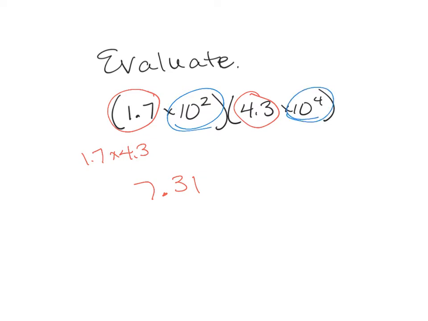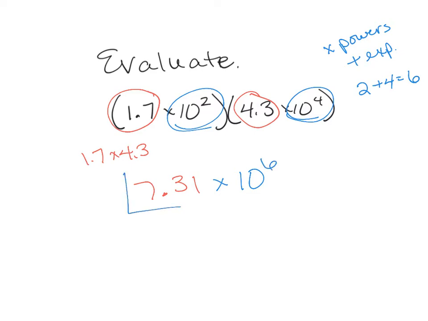Remember our first 5 exponent rules? When you multiply powers, you add the exponents. So we're going to take 2 plus 4, which gives us 6. So we multiply by 10 to the 6th power. And there is our scientific notation. We have a number between 1 and 10 times 10 to the power of 6.